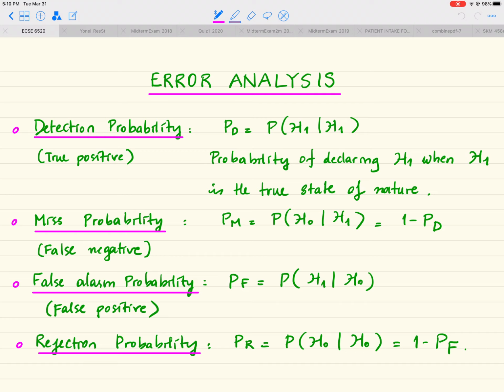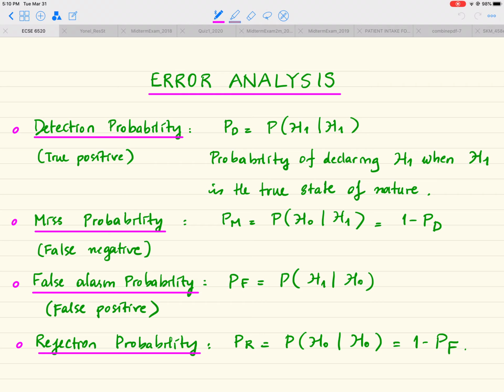Now we see that the design of a detector is a compromise between the probability of detection and the probability of false alarm. So if you consider the problem of detecting a target out there, irrespective of what data I observe, I can declare that there is a target out there.